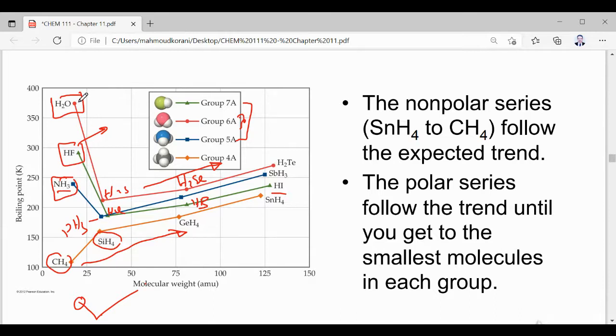So in non-polar compounds the only intermolecular force is London force, while for polar compounds there is another force, hydrogen bonding, which is the main reason for the increased boiling point of these compounds.